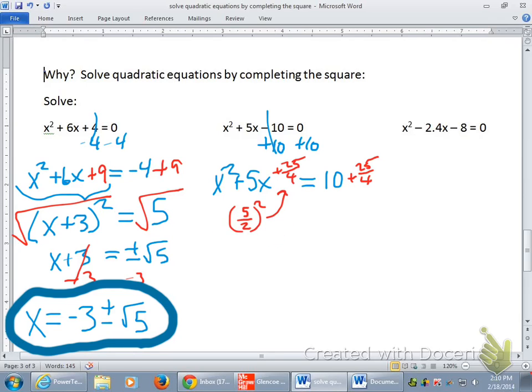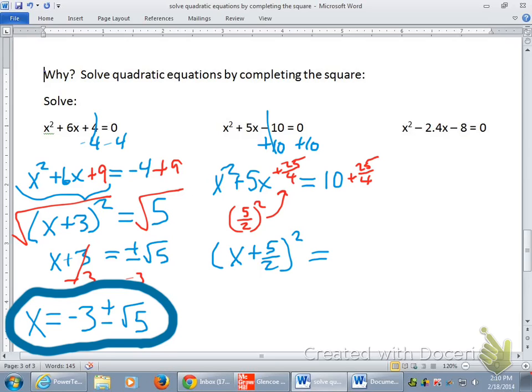This is now perfect. So that's going to be x plus, what's it going to be? 5 over 2, right? 5 over 2 squared equals, what is that? 16.25. 16 point, I don't know.